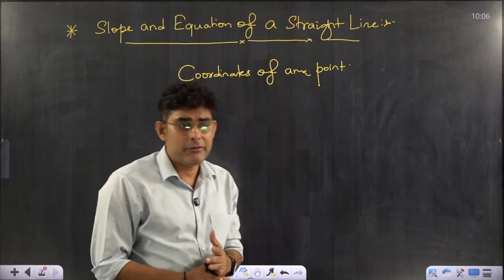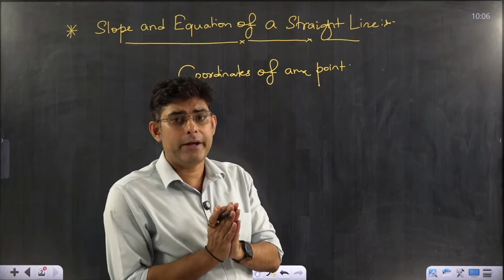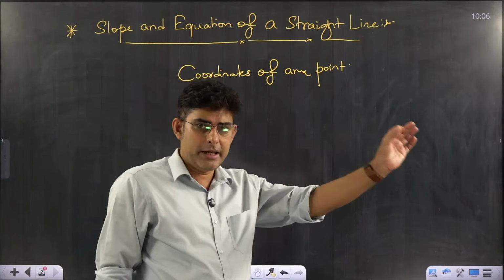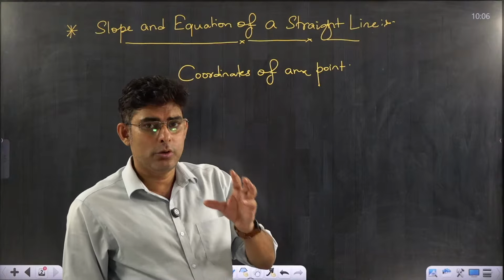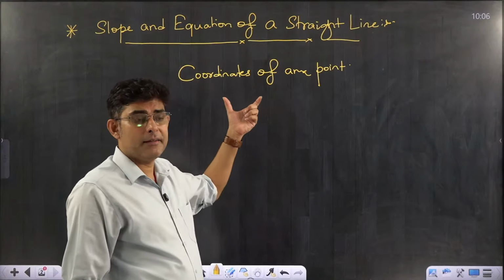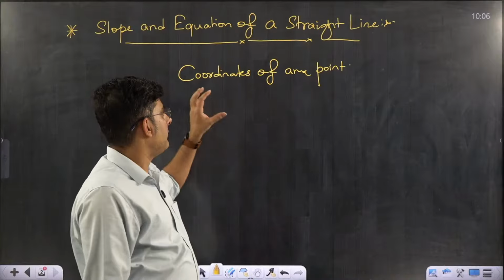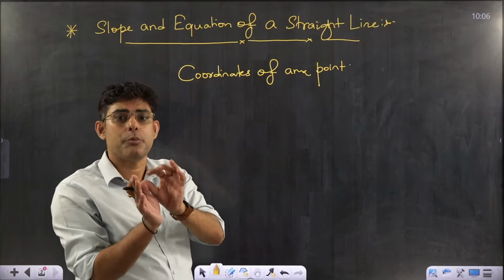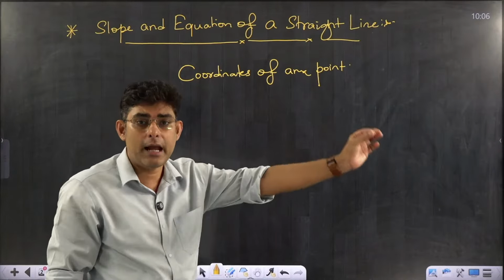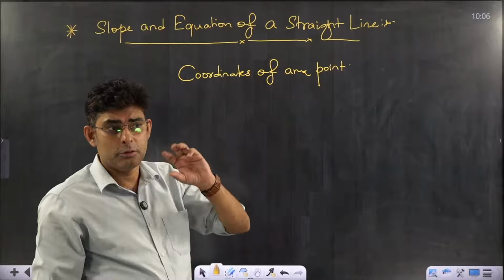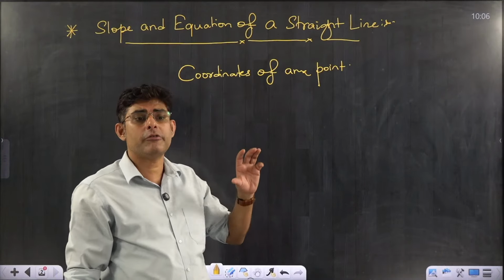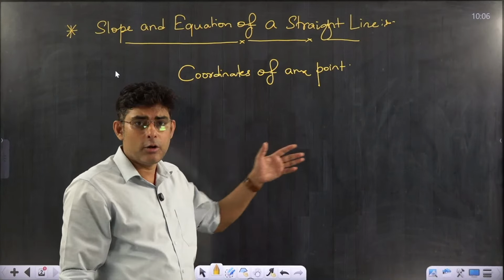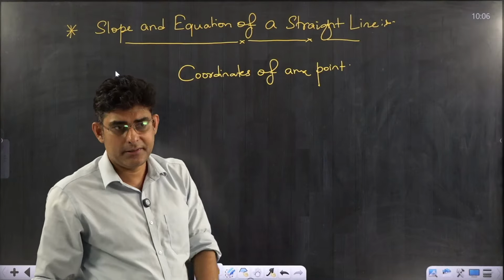Understood? Whenever we want to define the position of any point or particle to any person, we will have to use something which is called coordinates. When we have the information of coordinates, we can exactly tell that this particular point I am talking about is located at this particular position. So to correctly determine the position of any particle or point in space or along a plane or along a straight line, we require coordinates.